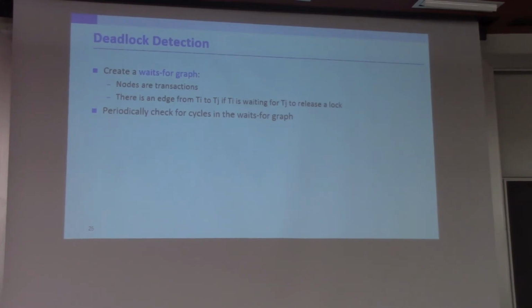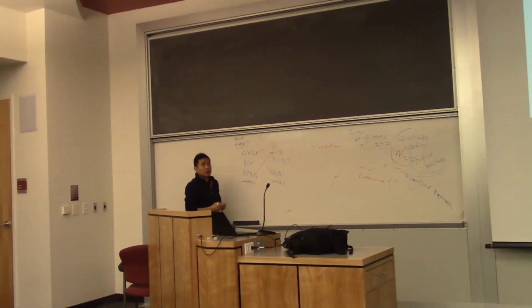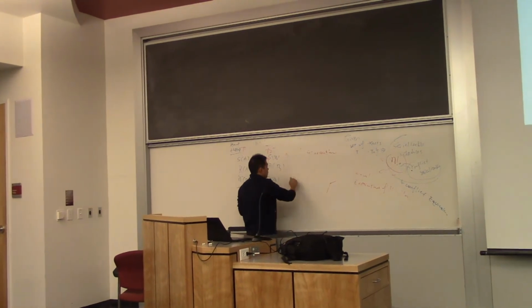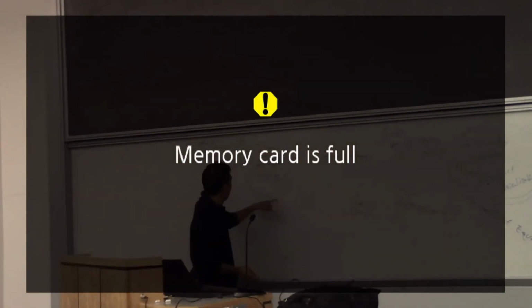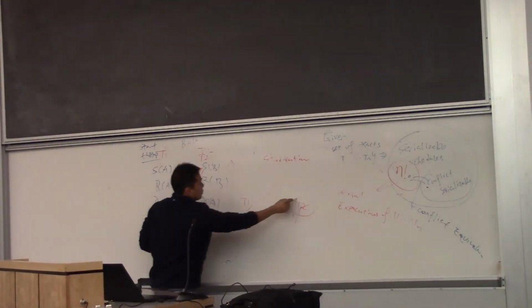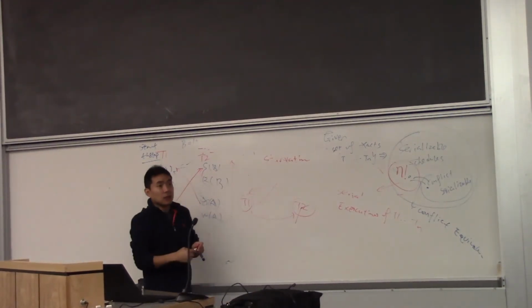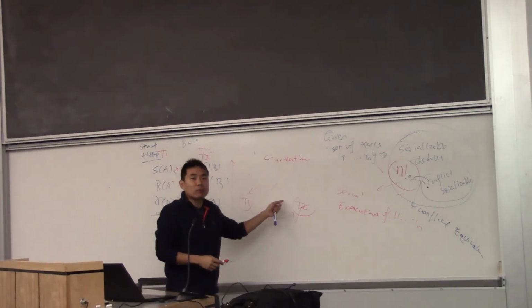For example, suppose this is the schedule I produced, and you realize T2 will have to wait for T1. If you draw this on a graph, T1 and T2, you see T1 has to wait for T2 because of this, and T2 has to wait for T1 because of that. And this is what we call a wait-for graph.